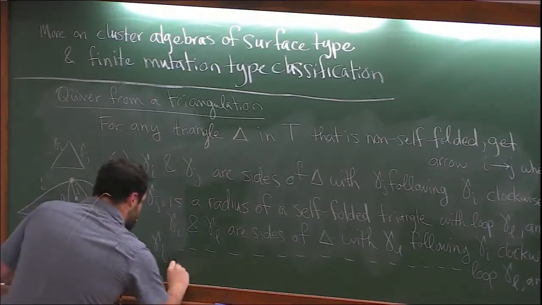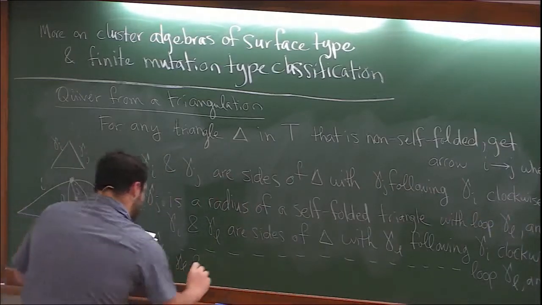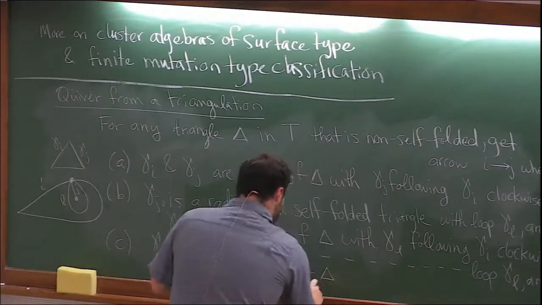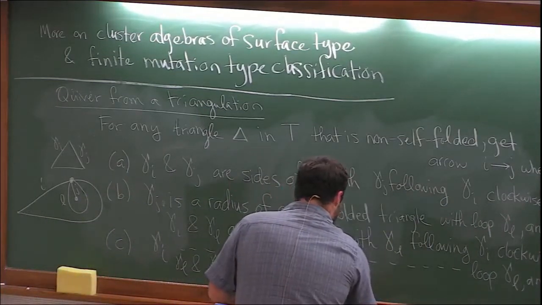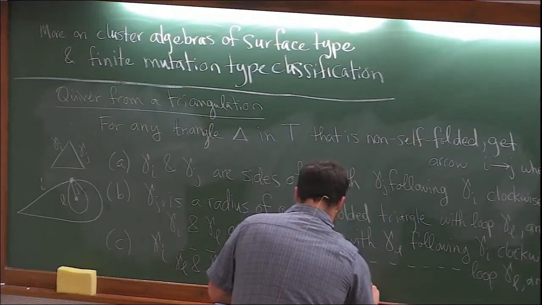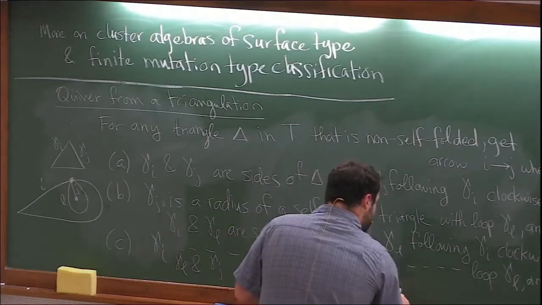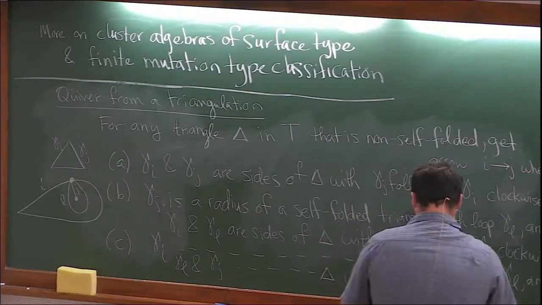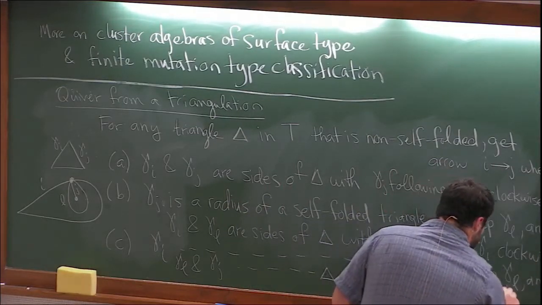And gamma L and gamma j are sides of triangle, my non-self-folded one, with gamma j following gamma L clockwise.